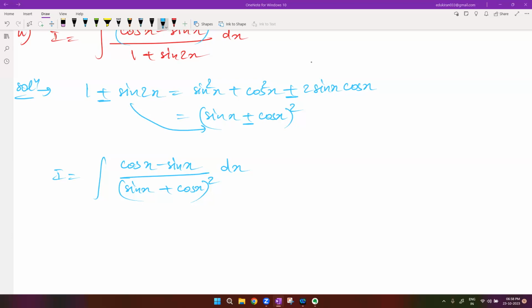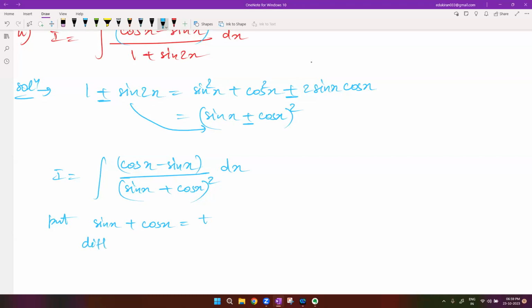If you put sin x plus cos x as t, then you will see that the numerator along with dx becomes dt.